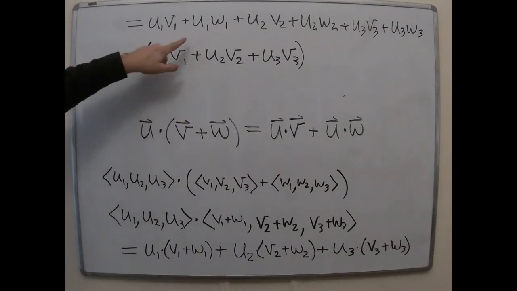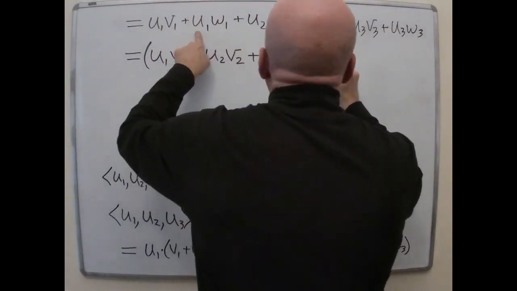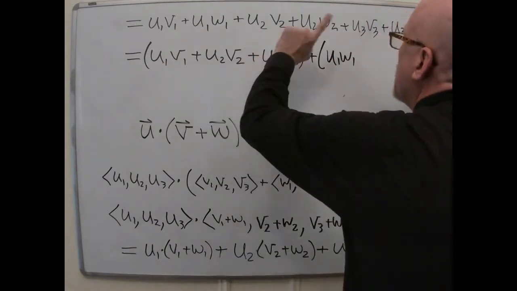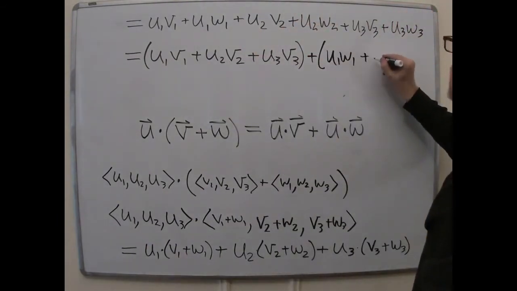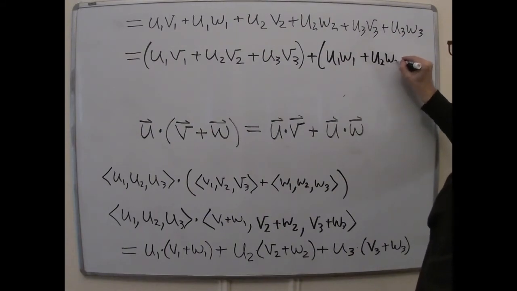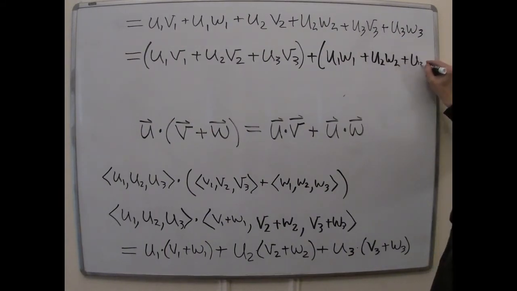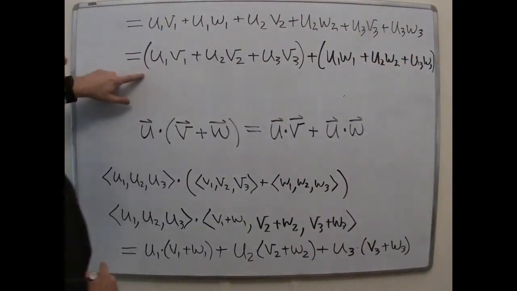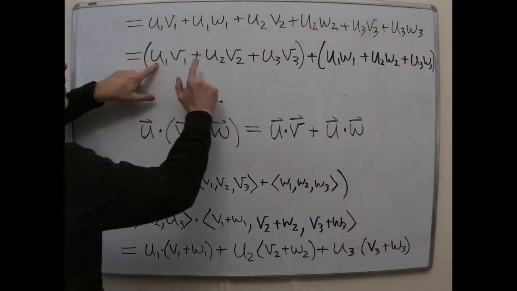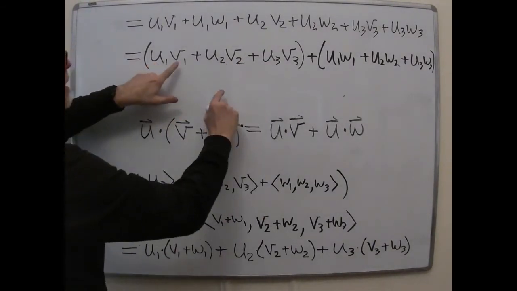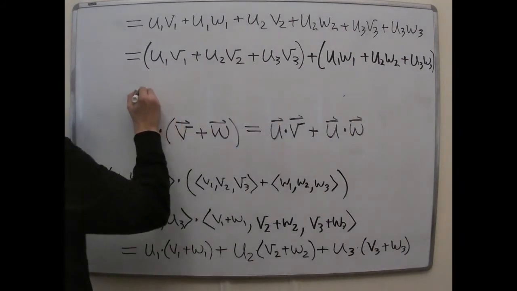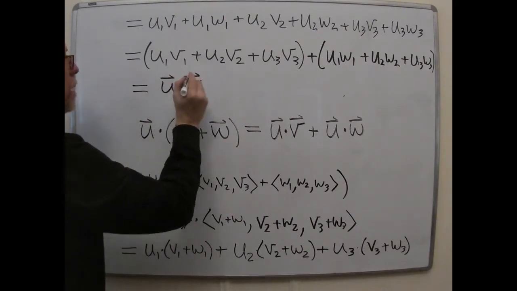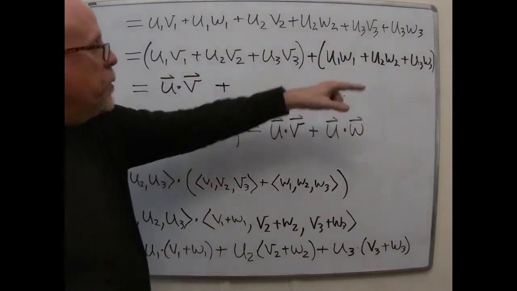The things involving W are, let's see, the first one, U1, W1. No, that's a V. There's W. U2, W2, and the last one is U3, W3. And perhaps you spot what these things are equal to. This has U, U, U in the 1, 2, 3, and V, V, V, 1, 2, 3. That's U dot V. And the other piece is U dot W.